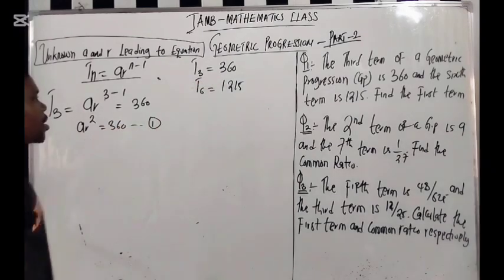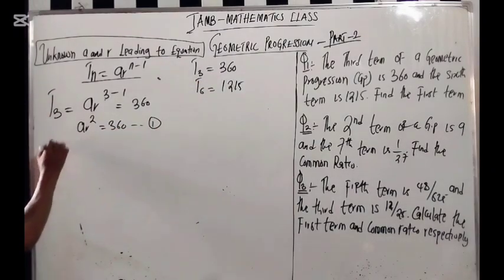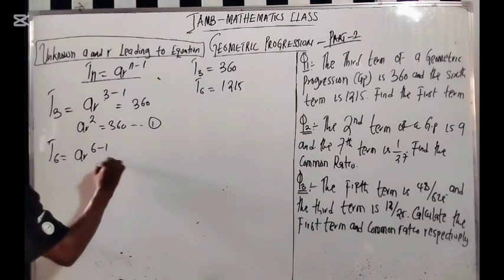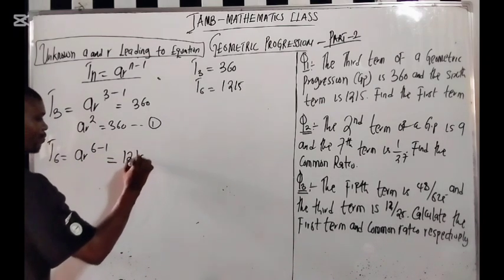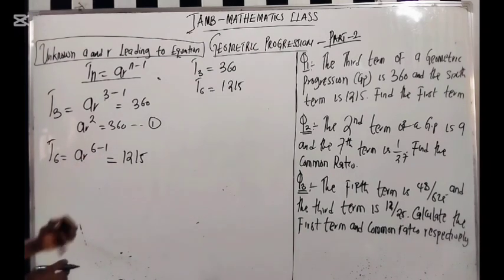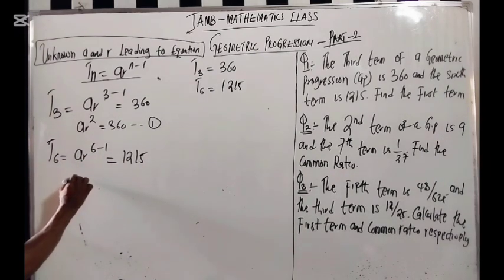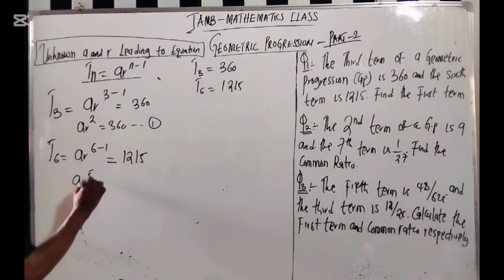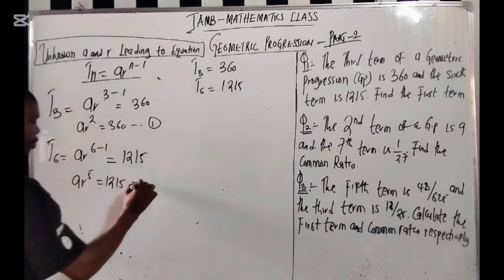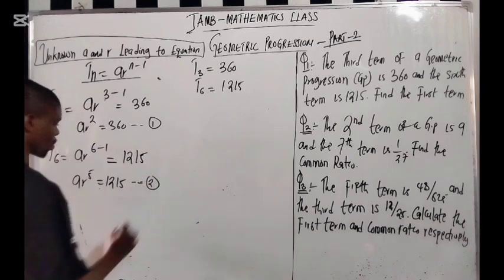The same thing here. T6 equals a r raised to 6 minus 1 equals 1215. 6 minus 1 is 5, so it will be a r to the power 5 equals 1215. This is my equation 2. Can you see that?